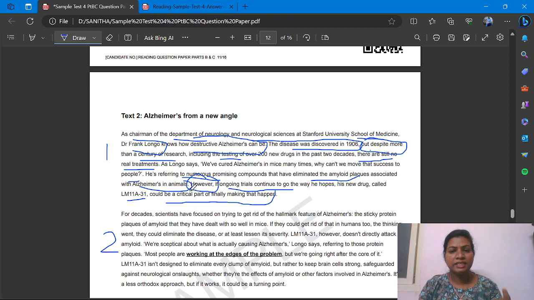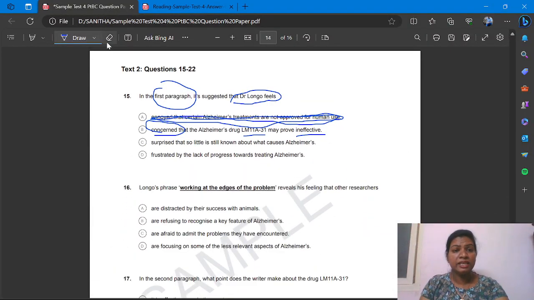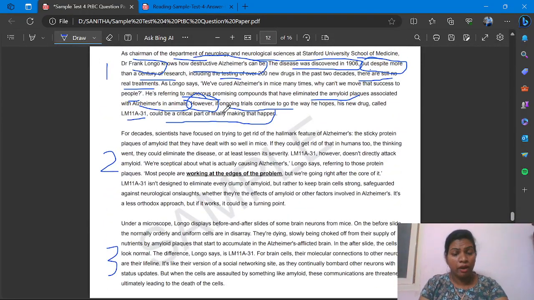So here he is not saying it may prove ineffective. Is he anywhere saying he is concerned that his new drug LM11A31 may prove ineffective? No, he is not saying that anywhere. What he is saying here, see the last sentence: however, if ongoing trials continue to go the way he hopes, his new drug called LM11A31 could be a critical part of finally making that happen.